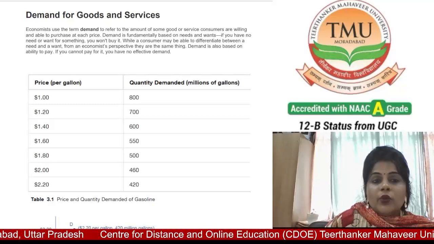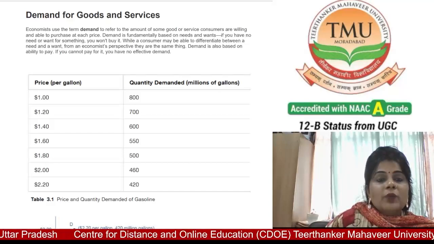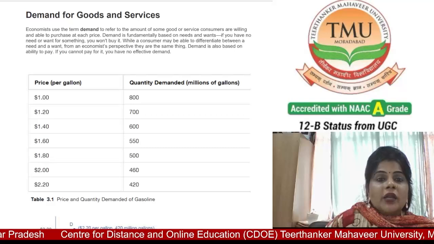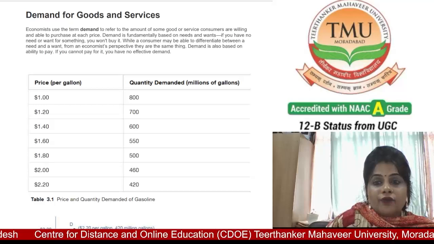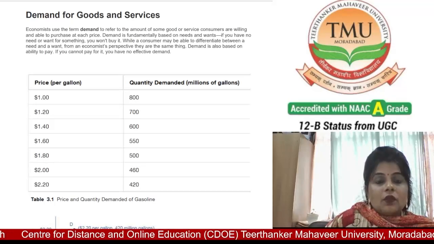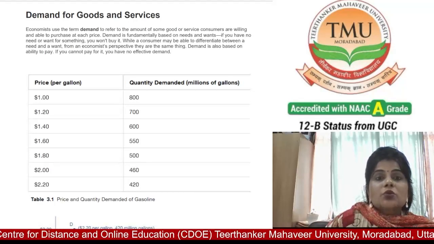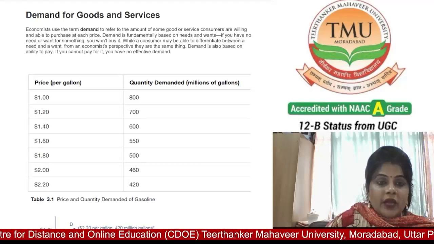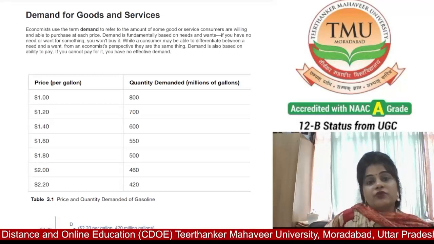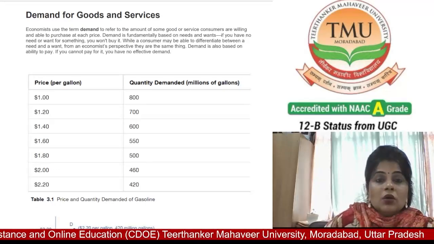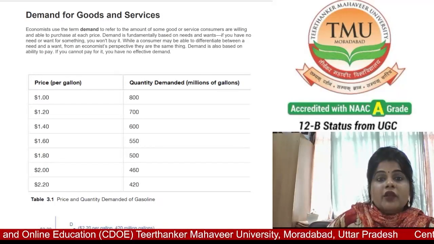When the price becomes $1.20, the quantity demanded becomes 700. At $1.40, quantity demanded is 600. At $1.60, the quantity demanded is 550. At $1.80, it is 500. At $2, it becomes 460, and when the price rises to $2.20, the quantity demanded is 420.